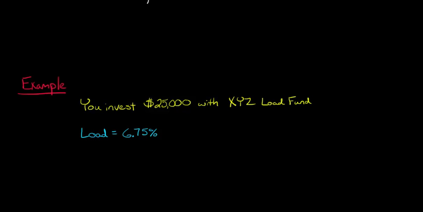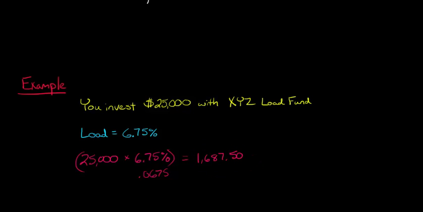We take the $25,000 that you're investing and multiply it by that 6.75% load, which is the same as multiplying by 0.0675. That's going to equal $1,687.50.